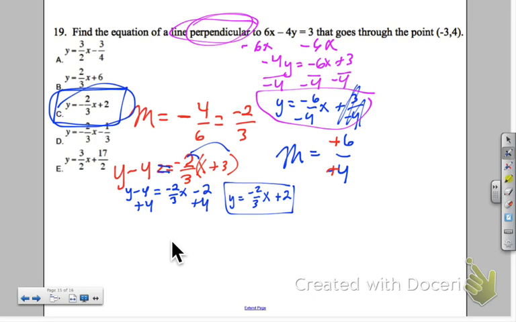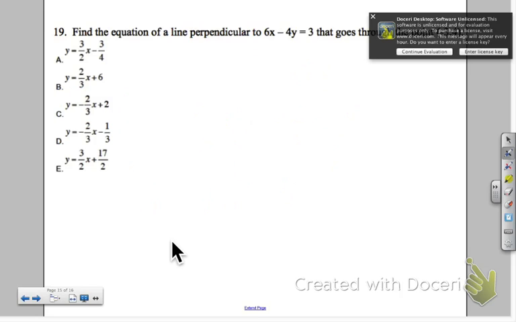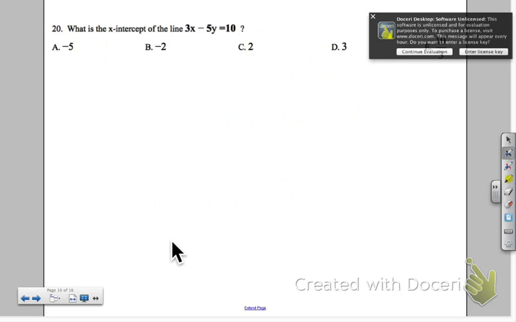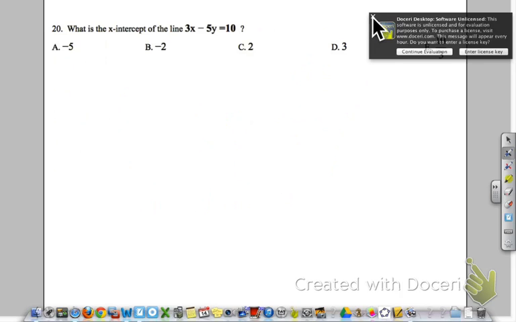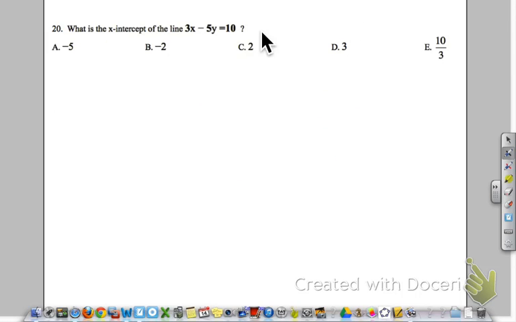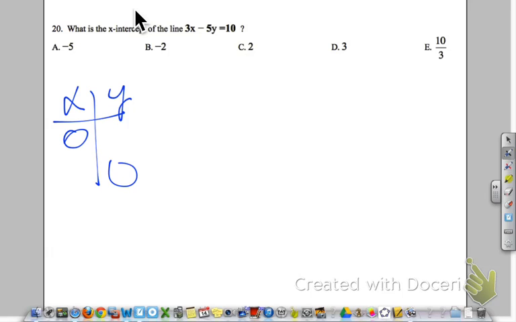Alright, last problem. I'll do all these last ones together. Alright, what is the x-intercept? As soon as I hear intercepts, I automatically think zeros, and I do this right away. So for x, y, 0, 0.